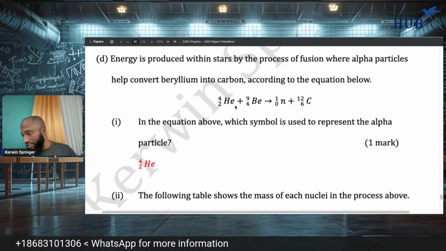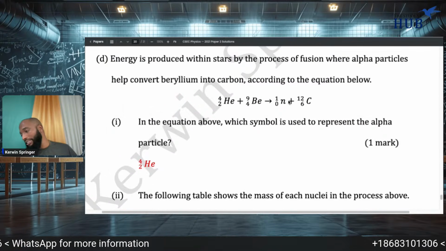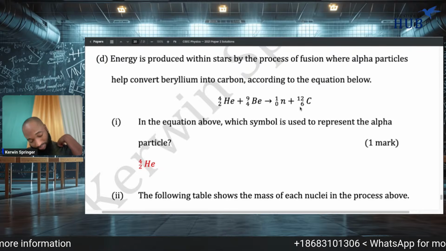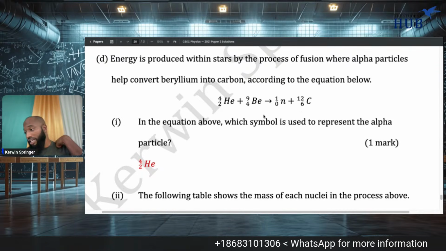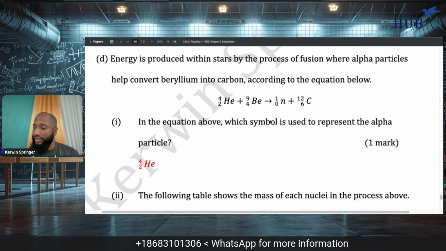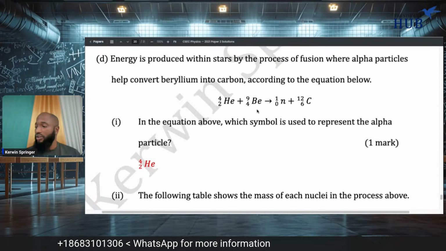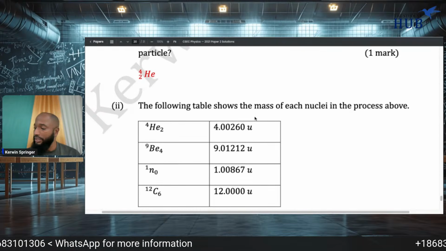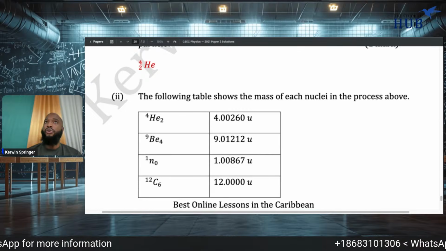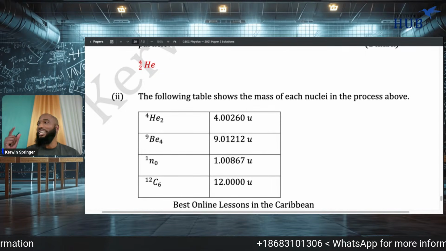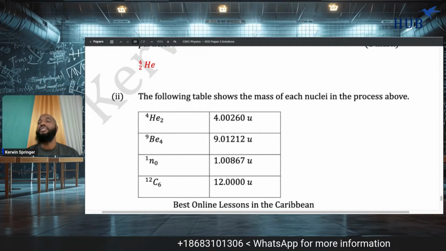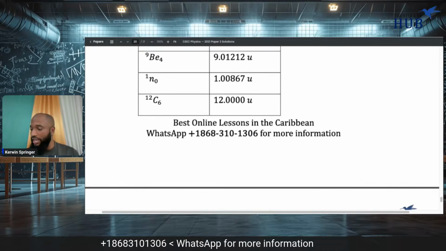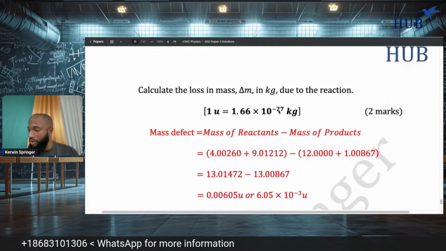These are the reactants here, He and B. You add up the mass of the products. There's a difference, the mass defect. When you subtract, you get an answer in U. And how do you change the answer to kilograms? Right, so you multiply by 1.66 times 10 to the power of negative 27.